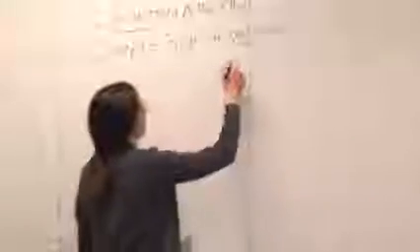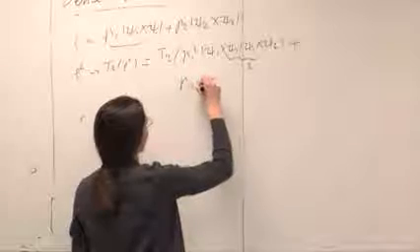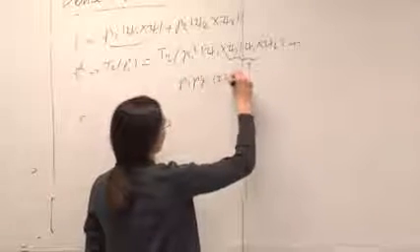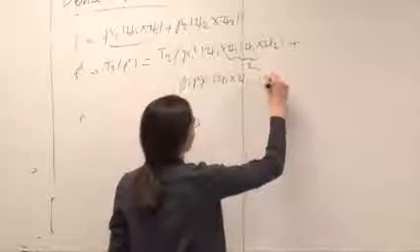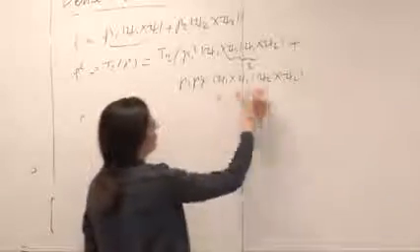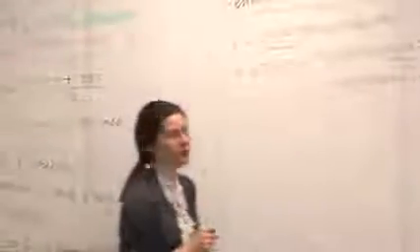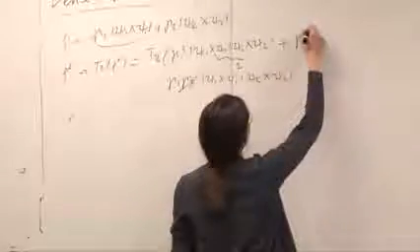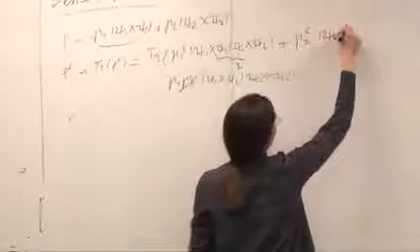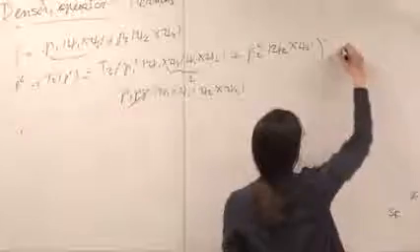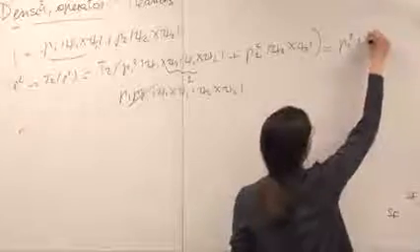Plus I could have cross terms like P1 P2 psi1 psi1 psi2 psi2, but this is not diagonal because psi1 is different from psi2, so this one is 0. The second part is just P2 squared. And so this is just P1 squared plus P2 squared.